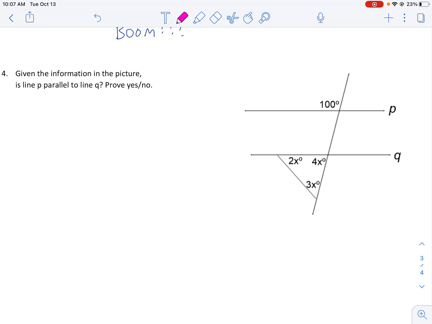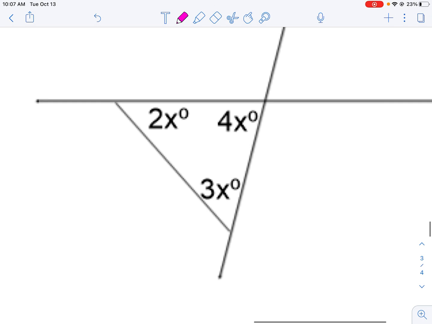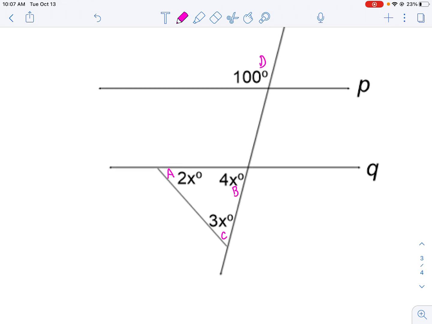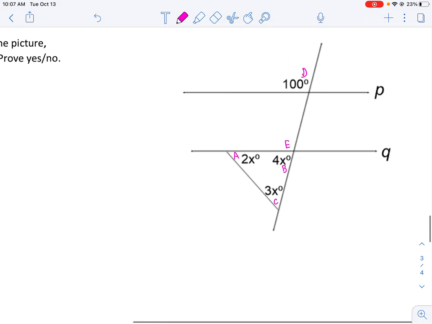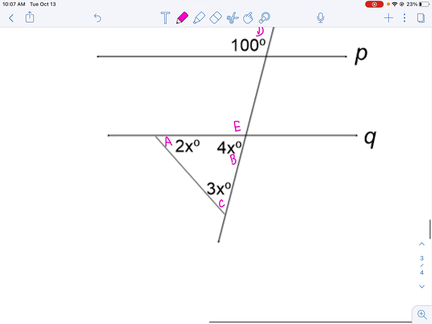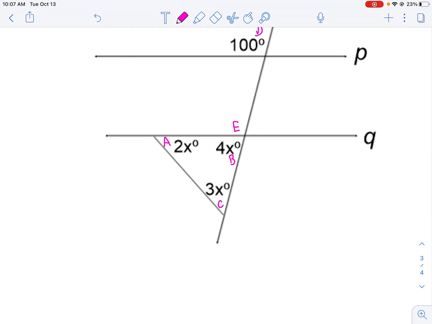All right. So here I'm going to label some more angles for later. We'll call this A. This one's B, C, D, and you don't know it yet, but I'm going to use this angle right here. We'll call that E. All right, so the only thing we can do here is add up the three angles inside the triangle. So 2x plus 4x plus 3x is equal to 180, which gives us 9x equals 180, which is x equals 20.